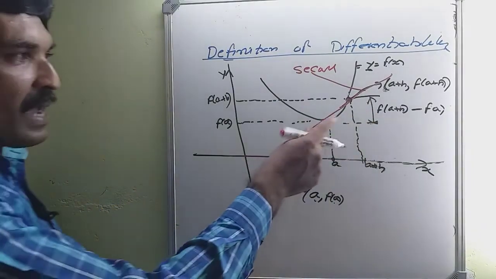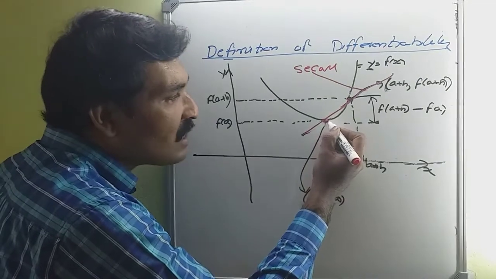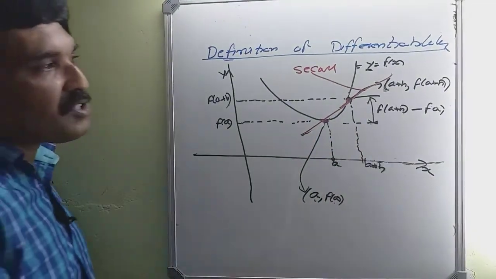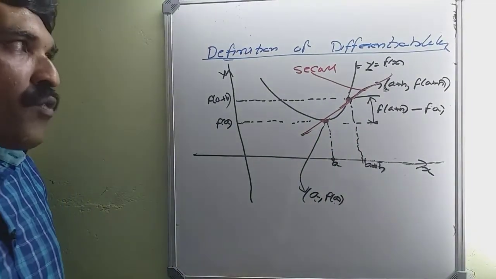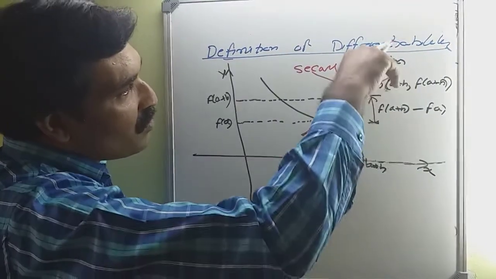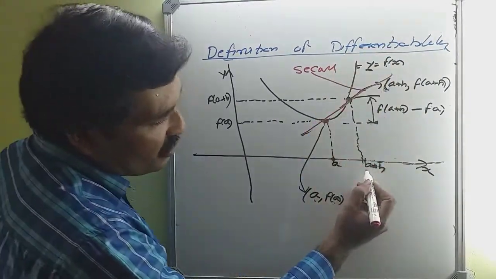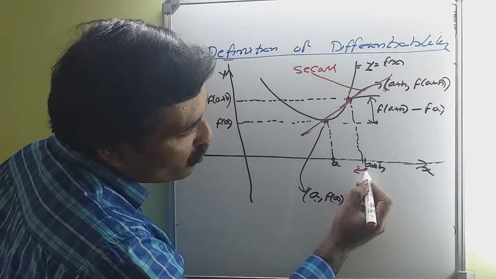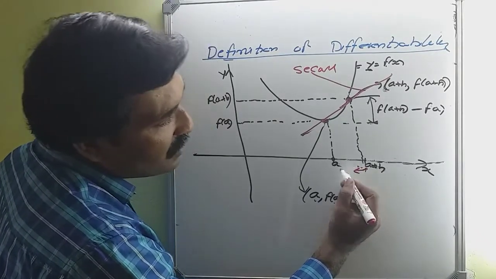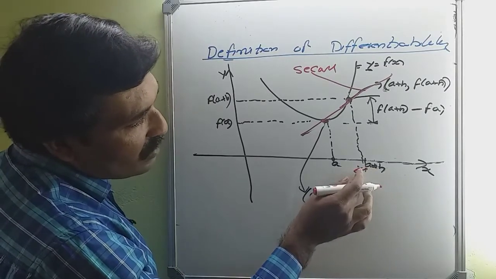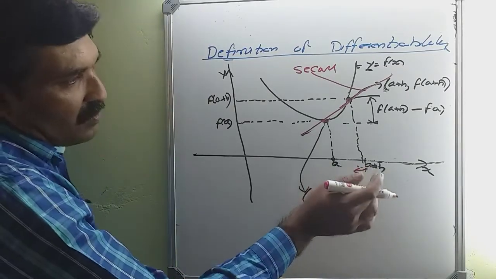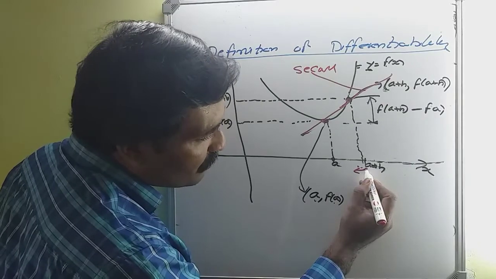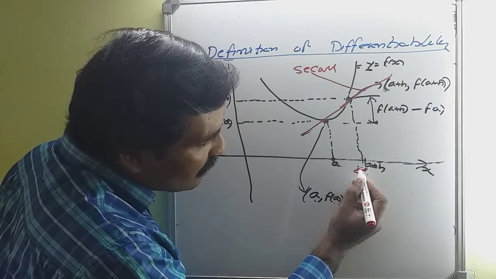We want to find the tangent at this point, and the tangent is the limiting case of the secant. Now h is moving towards 0, so this point is moving towards a.